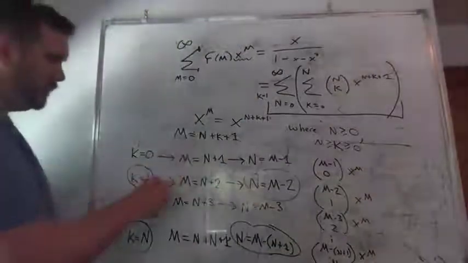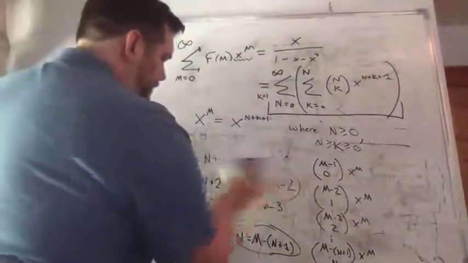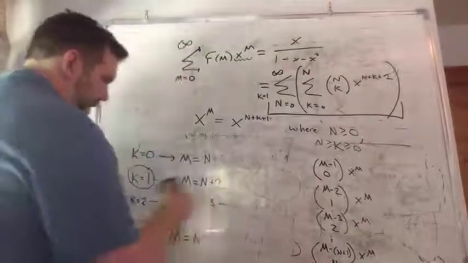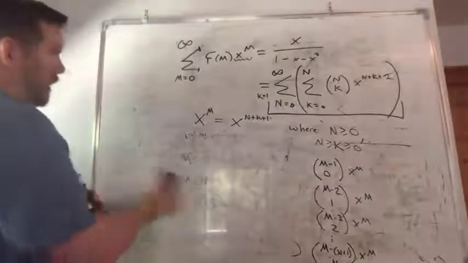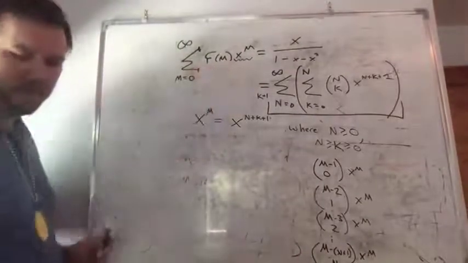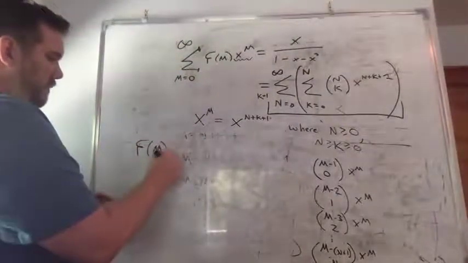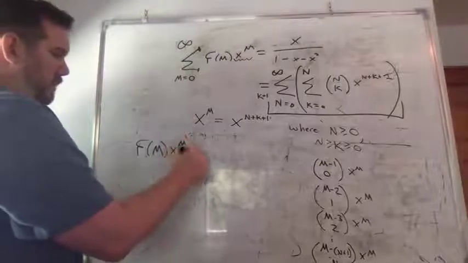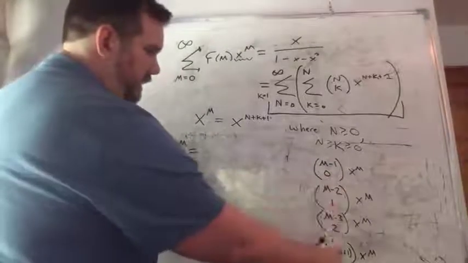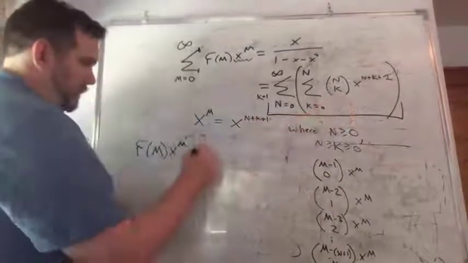So in other words, on the one hand, I have this is f of m, the mth Fibonacci number. But on the other hand, I have all these different ways I could get x to the m when I wrote it this way.